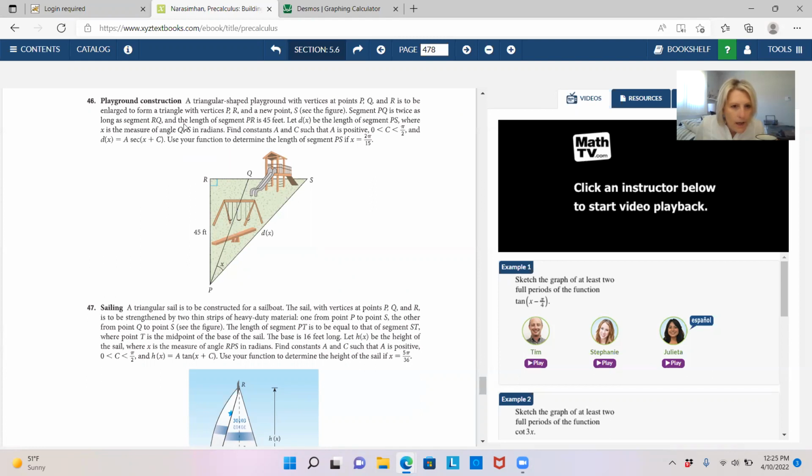And the length of segment PR is 45. Then it says, let D of X be the length of the segment PS, which would be the hypotenuse of the big triangle, where X is the measure of the angle QPS. So this little angle here. So they want us to find A and C such that A is positive.